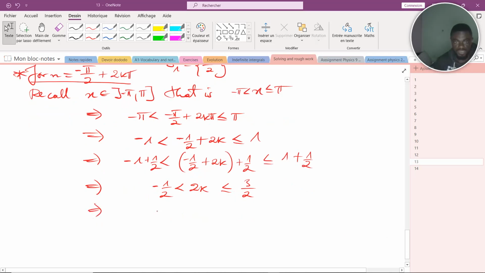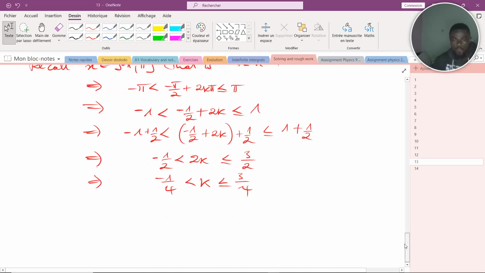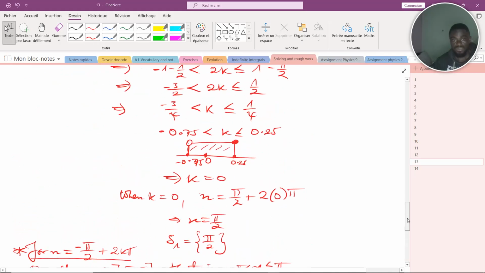So this implies our k, we divide all through by 2. So k will be strictly greater than minus 1 on 4 but less than or equal to 3 on 4. Perfect. So this will give k strictly greater than minus 0.25 but less than or equal to 0.75. Yes, that's it.